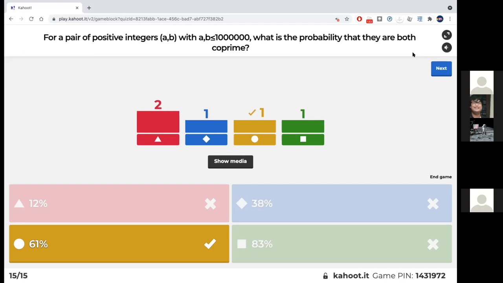That's a little bit tricky, but I think it's 6 over pi squared. In fact, you use the sum of the reciprocal square numbers. The reciprocals of all the squares add to pi squared on 6, which is 1 over that probability. So that's a good thing to know if you ever have this question again.